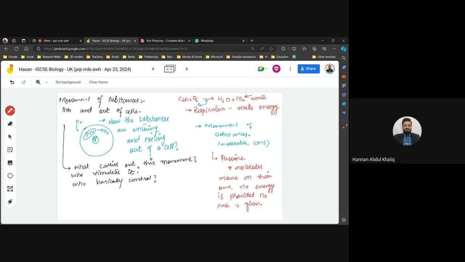That is basically called passive movement of molecules.